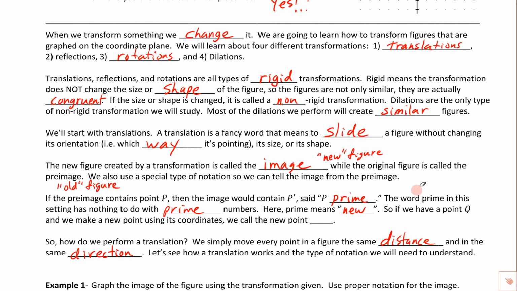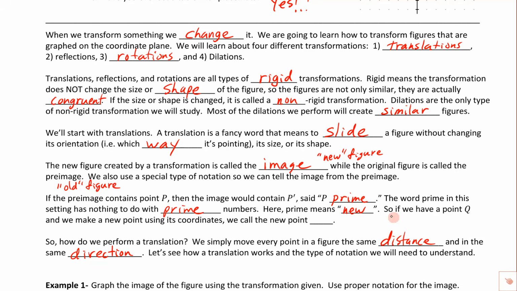Now, the word prime in this particular setting has absolutely nothing to do with prime numbers. It doesn't deal with prime numbers at all. Prime in this case means new. So you might be familiar with primer. If you're going to paint something that's new, you put some primer on it. It's like an initial coat of paint that seals everything together. It makes it so it can accept that new paint. So prime means new.